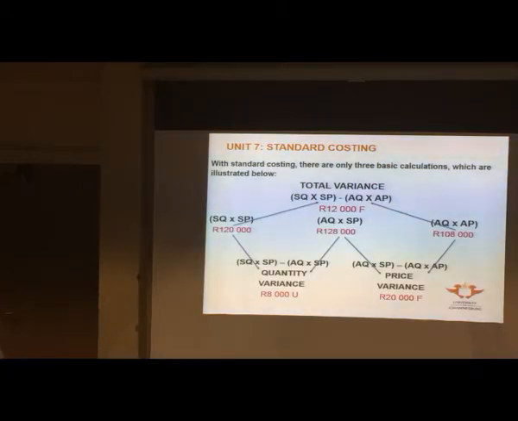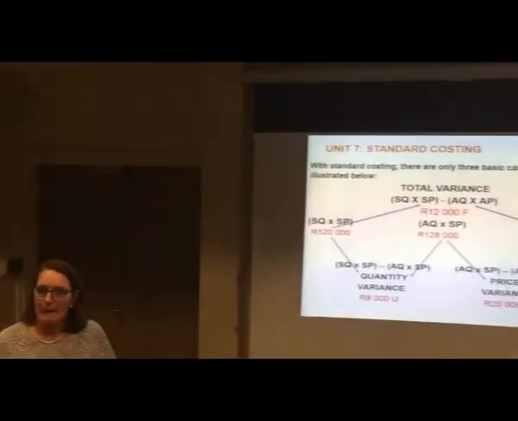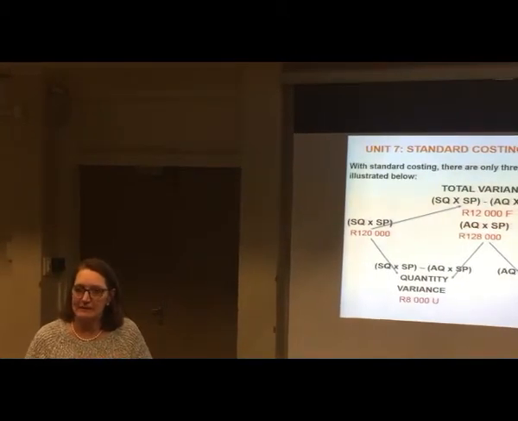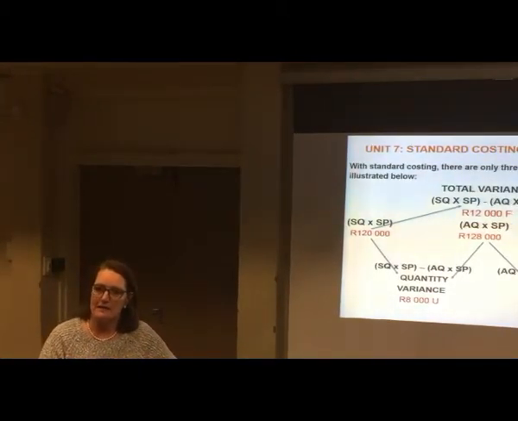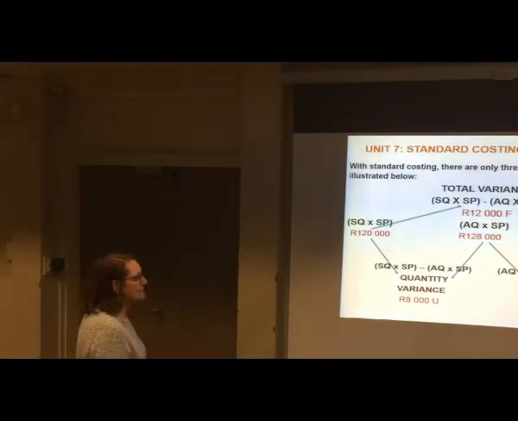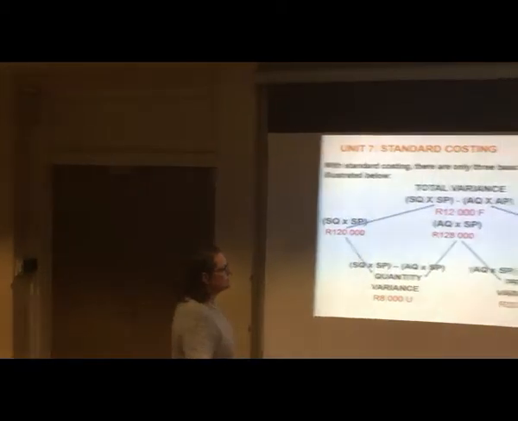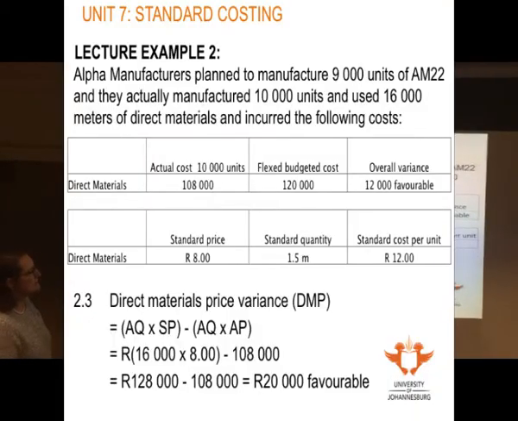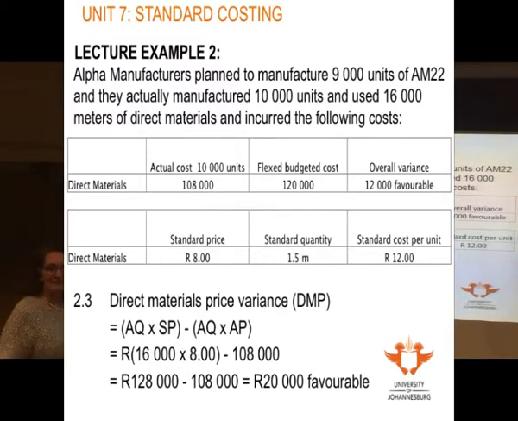The actual price and the actual quantity is always given. No. We're going to sometimes have to work it out. But there's always enough given to be able to do the calculation. Because even here, you haven't at any point been given the actual price, but you can calculate the actual price.